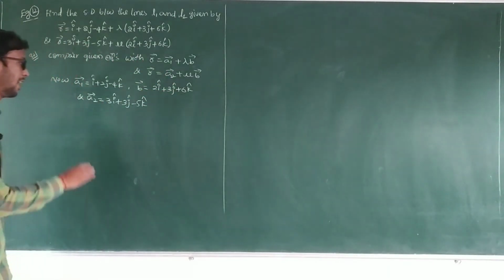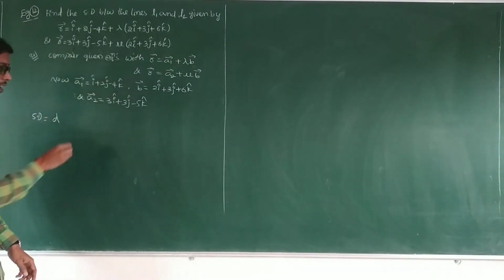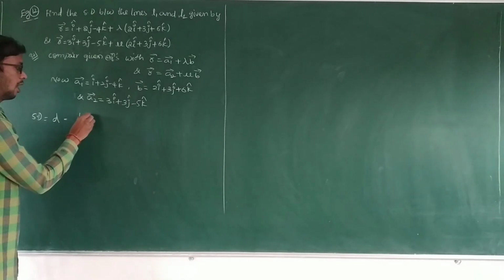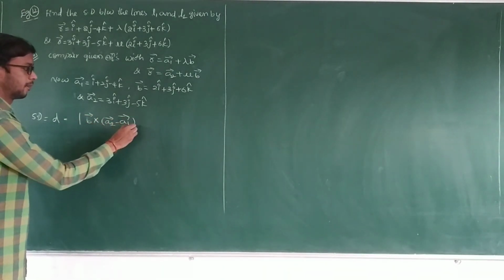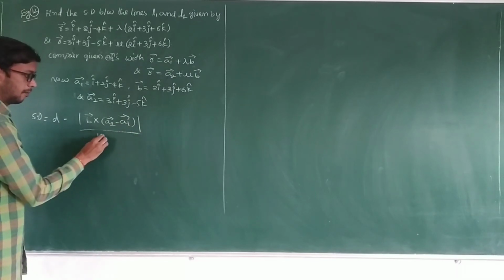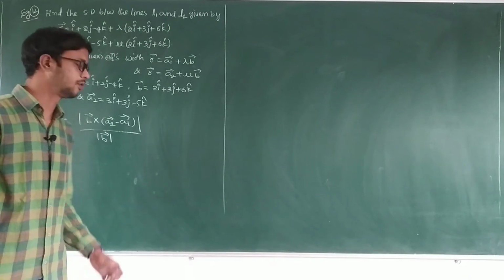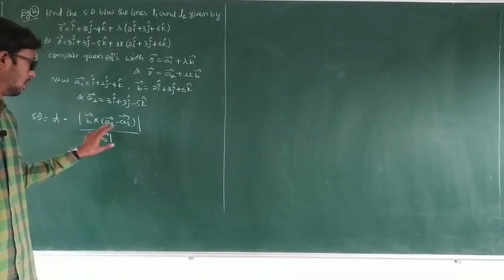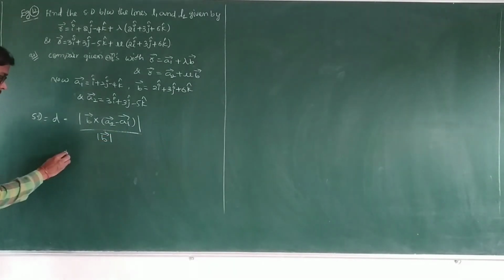So now the shortest distance between the two parallel lines is the magnitude of b bar cross a2 bar minus a1 bar, divided by the magnitude of b bar. So now we have to find each and every element here. B bar is already there, a2 bar minus a1 bar.